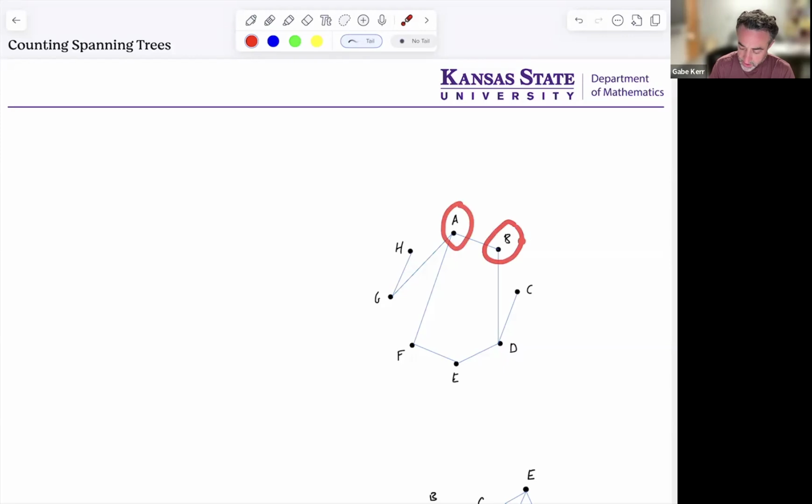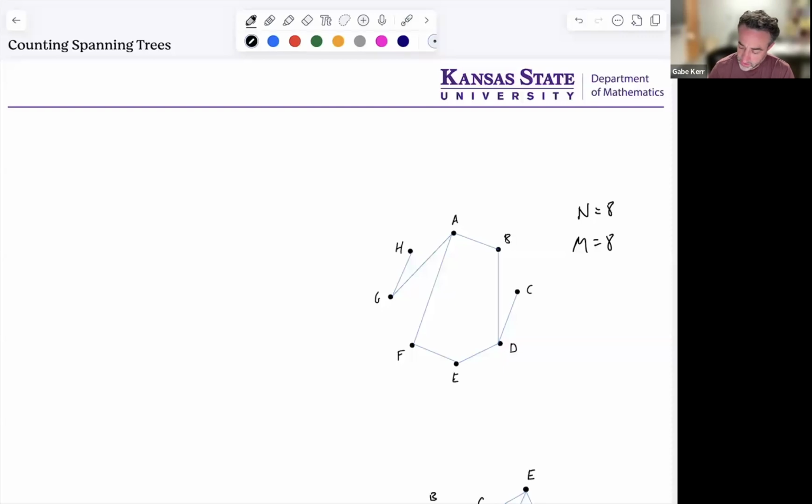So let's just count. We have 1, 2, 3, 4, 5, 6, 7, 8 vertices, so n equals 8. And if I count the number of edges, I've got 1, 2, 3, 4, 5, 6, 7, 8 edges as well, so m equals 8.